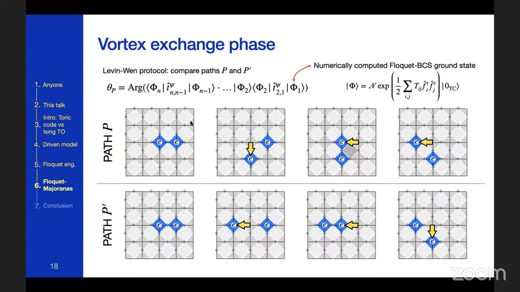How do I do this in practice? Essentially, I take my system, I introduce two vortices. This will change some parameters of my Bogoliubov Hamiltonian. I can then construct the ground state in BCS form, the Floquet ground state, meaning I'm in high frequency, so I can have well separated Floquet copies, and I can be inside one copy of the ground state.